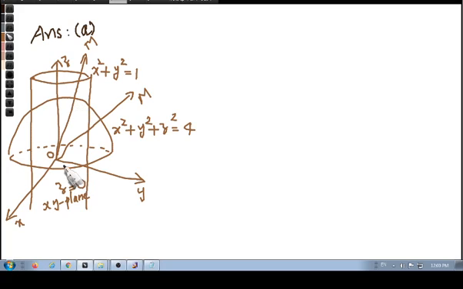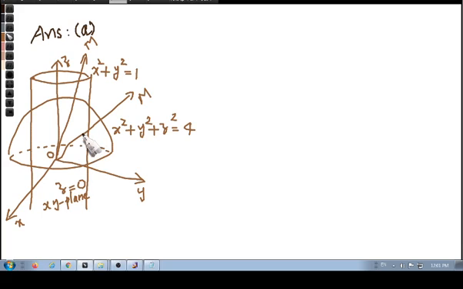But if M is like this, then M enters the region when rho equal to 0 and M leaves the region when x square plus y square equals 1. So it's a different upper bound.